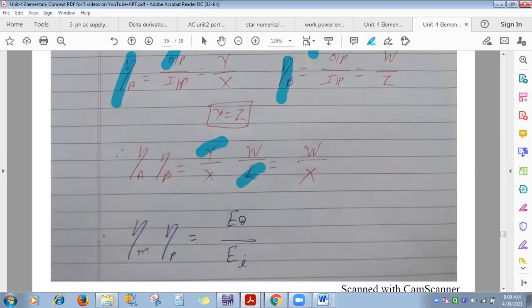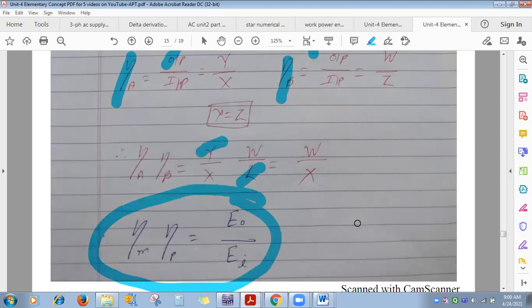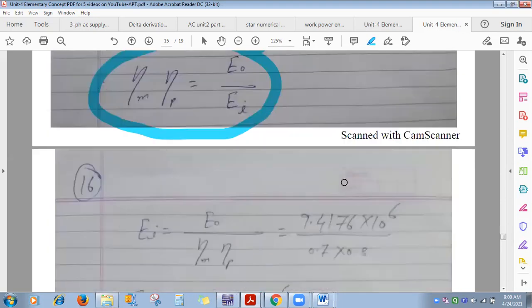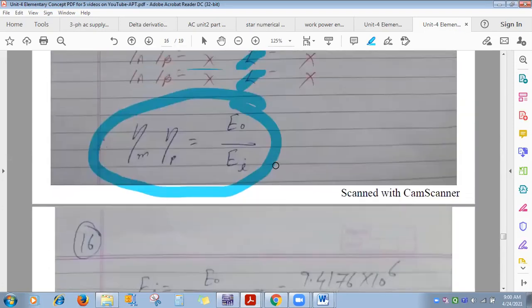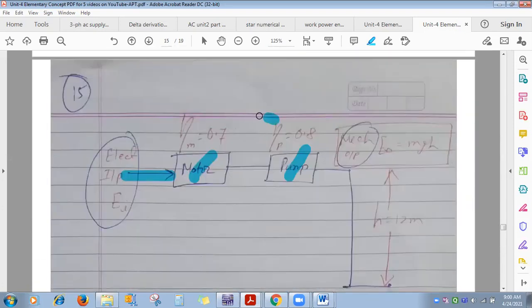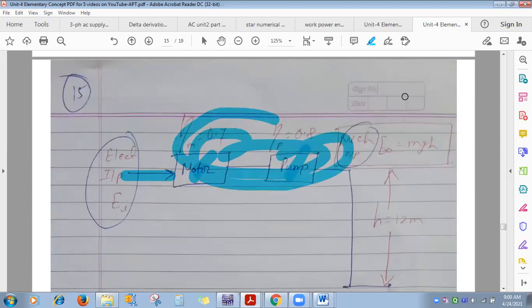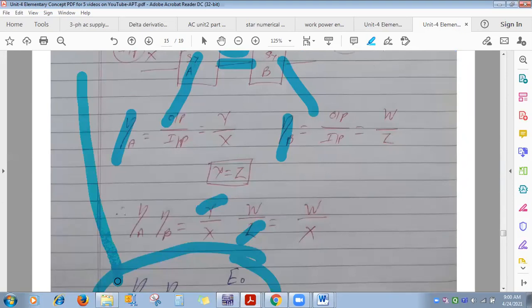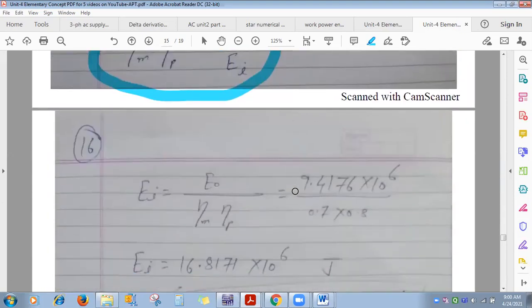Means the product of efficiency of two cascaded equipments is output by input, that is E0 by EI. So this is the formula. Its explanation is given, that the product of these two efficiencies is output by input. How is it so? I have explained here. All of you go through it, you will get it.